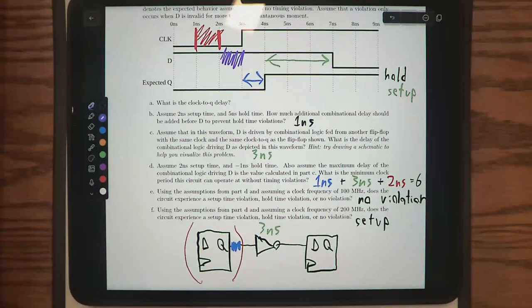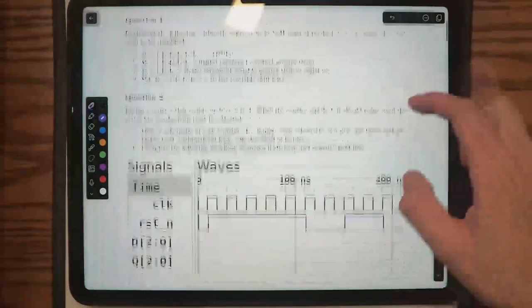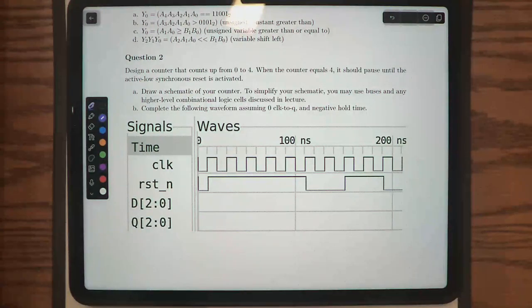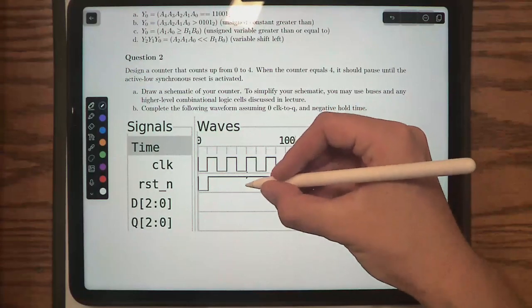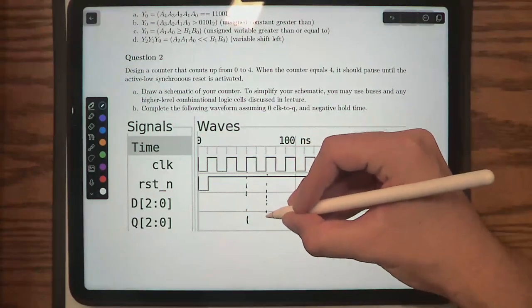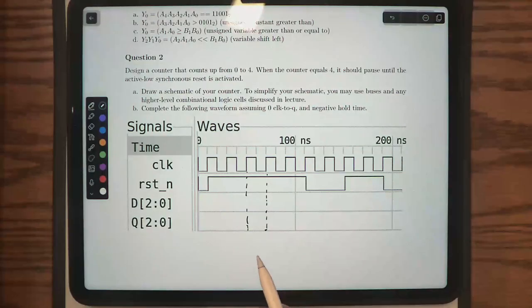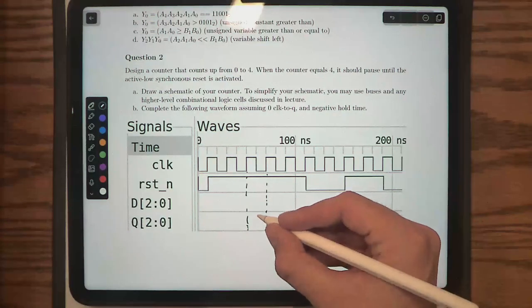This is just a quick one, but for question 2, we're asked to do a waveform of a multi-bit number. How would you like this to be represented? Great question. Same way as in GTKWave, where if on this cycle Q stored the value of 6, you would just write 6.